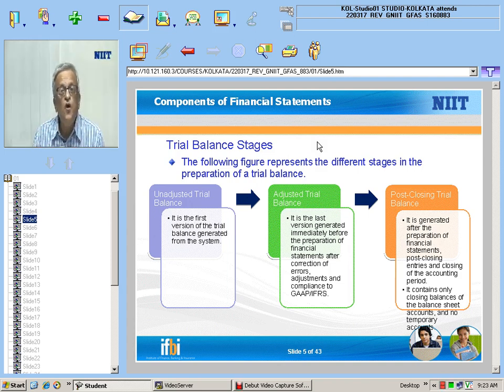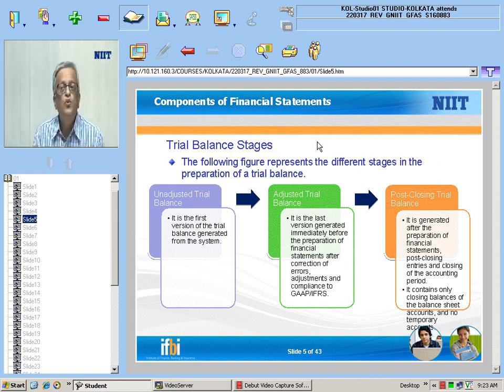Because all these items are closed at the end of the accounting period and they begin the next accounting period with zero balance. That is the reason why such items are called temporary accounts. All items of revenue and all items of expenses are the temporary accounts.